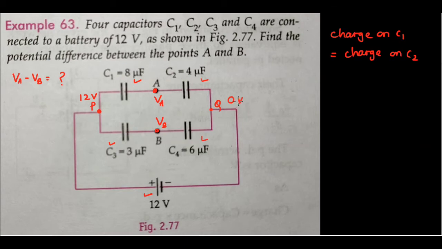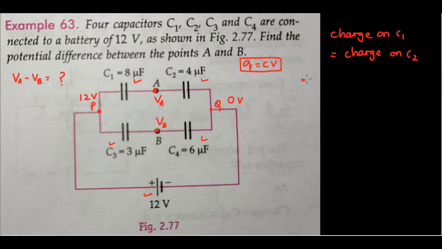Now how can we calculate the charge on a capacitor? We know the formula Q equal to C into V. Q means the charge on the capacitor, C is the capacitance of the capacitor, and V is the potential difference between the two plates of the capacitor. So first I will write the expression for the charge on C1.